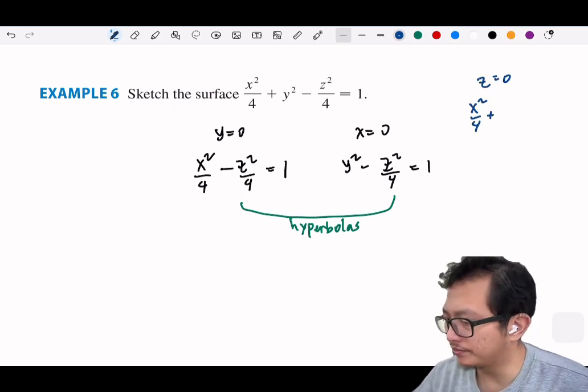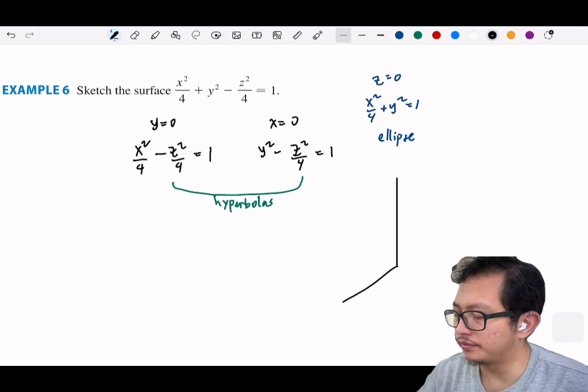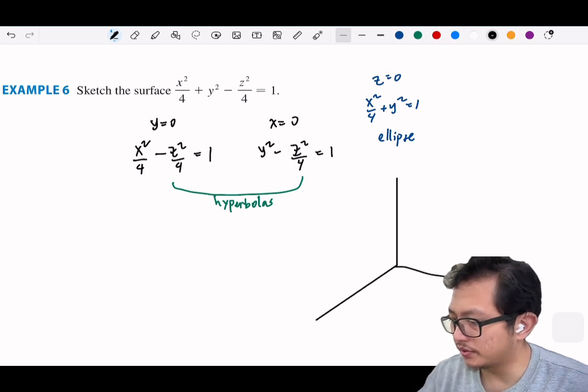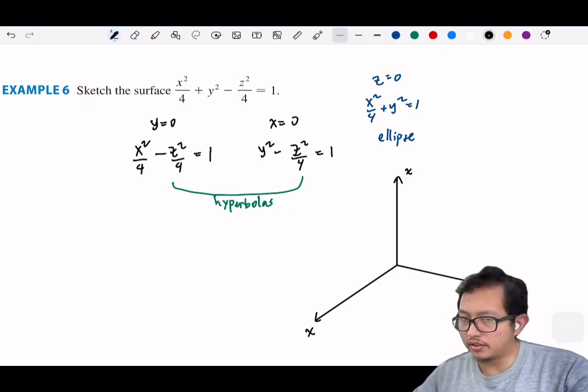But if we take z, we could get the ellipse. So one of them is the ellipse, and two of them will be hyperbolas. So with x, z, y.